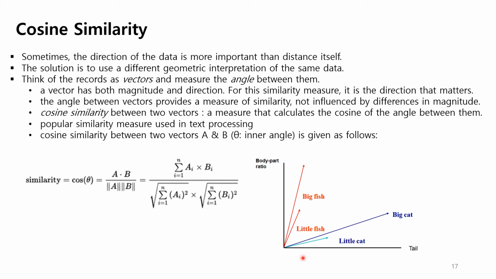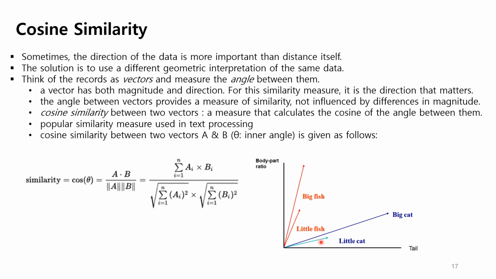Here the x-axis is the size of the tail, and the y-axis is the body part ratio. We have four data points, and let's assume each data point is represented as a vector: the big fish vector, little fish vector, big cat vector, and little cat vector.